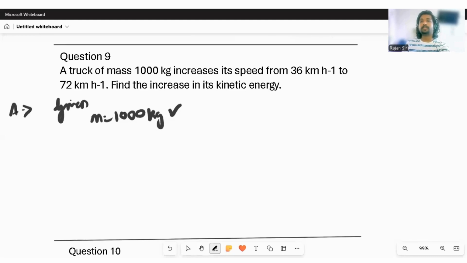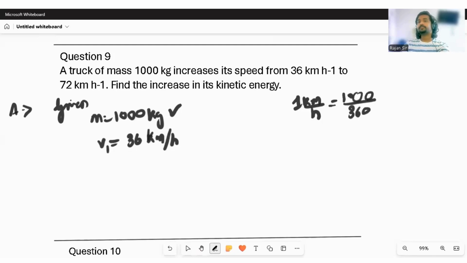Speed. Now speed comes in 36 km per hour. Now kilometer per hour, should we compare this? Should we change it to SI unit or no? Kilometer per hour can be written in SI unit as 1,000 upon 3600. You can cut this, and we have 5 by 18. So this is written as 36 into 5 by 18 meter per second.